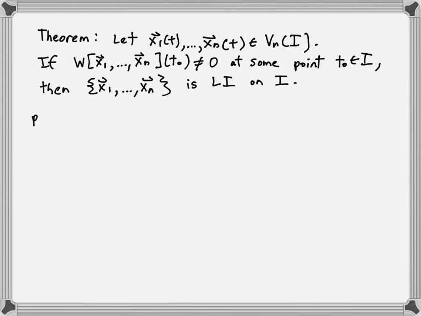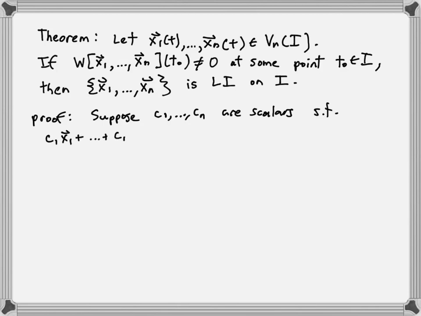So what is the proof? Because this theorem is not difficult to prove. Let's suppose that C1 all the way to Cn are scalars such that C1x1 plus ... plus Cnxn is equal to 0. Okay, what does that mean?